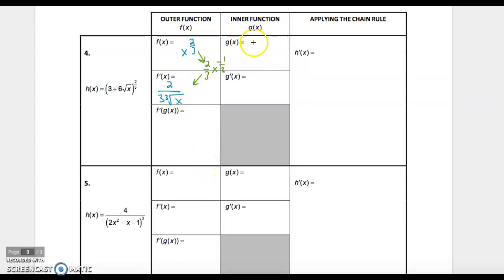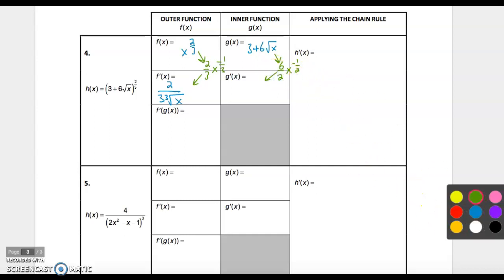All right, my inner function is 3 plus 6 square root of x. The 6 square root of x is the same thing as 6 times x to the 1/2, so its derivative would be 6 over 2 x to the negative 1/2, which then would give me 3 over square root of x.